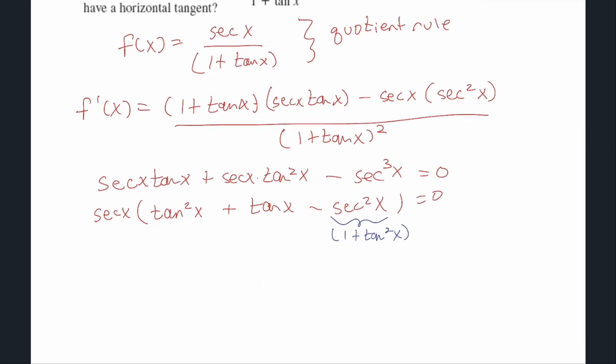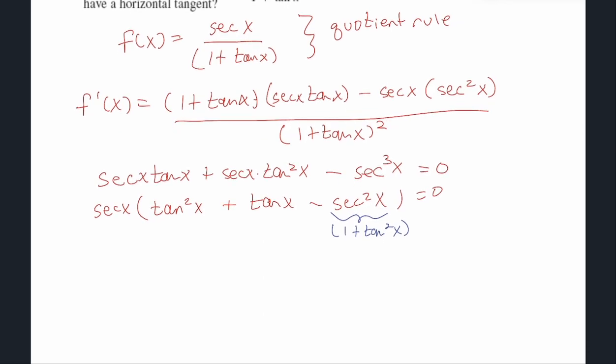So your trig identities, remember 1 plus tangent squared is secant squared is a trig identity. Trig identities are sometimes helpful. So we would get minus 1 and minus the tangent squared.